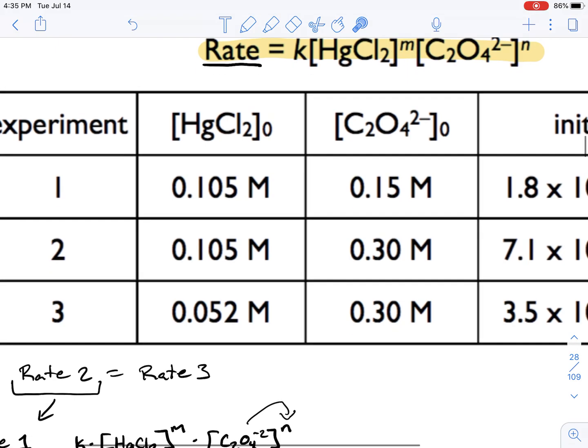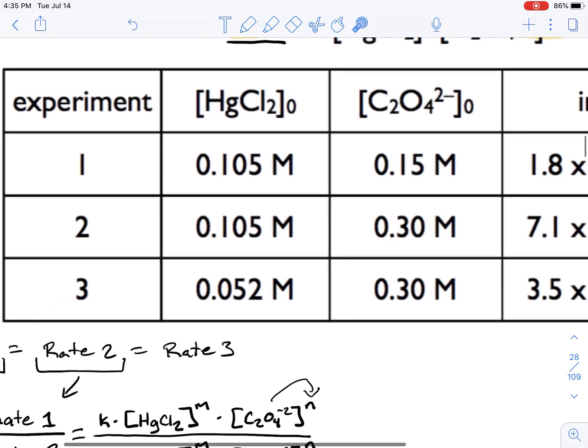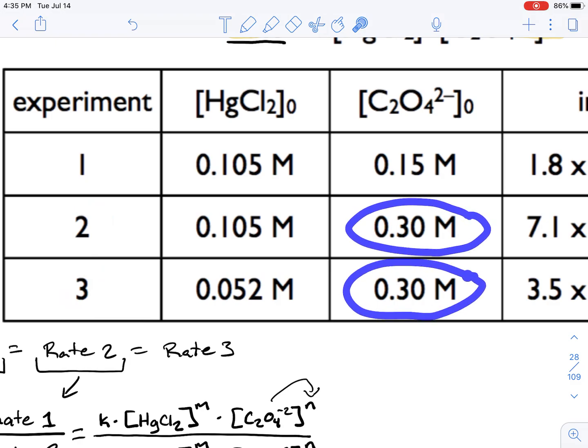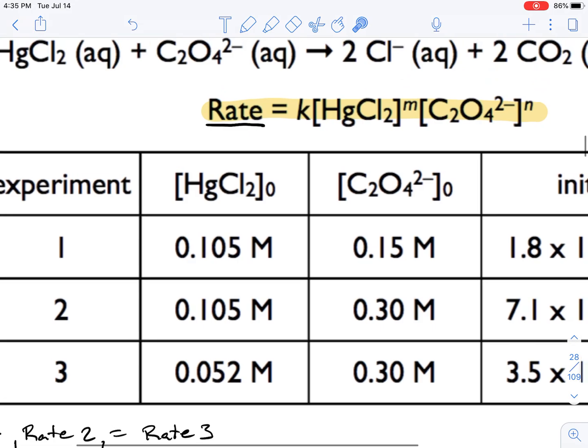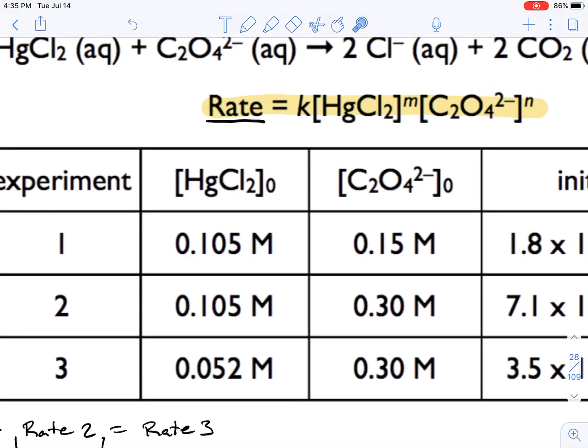If you look at experiment 2 and 3, I want you to notice that the initial concentration of oxalate is the same. So if you divide both of these, this is going to essentially cancel out, leaving you with mercury 2 chloride, which will enable you to solve for m.